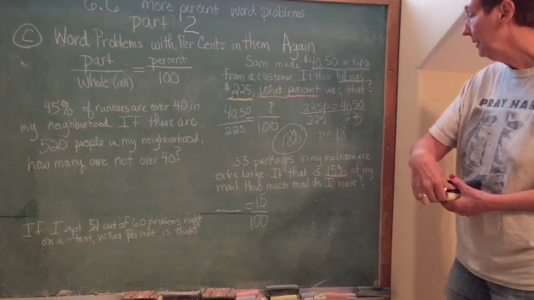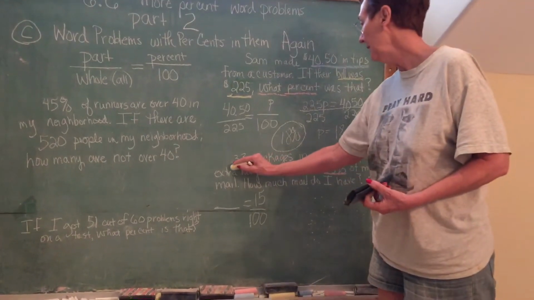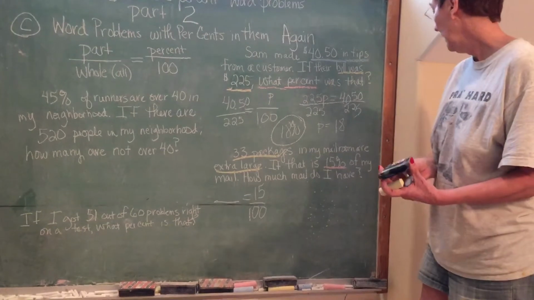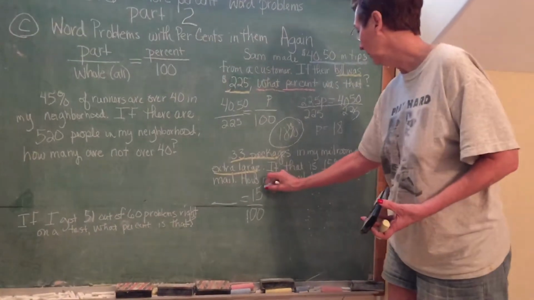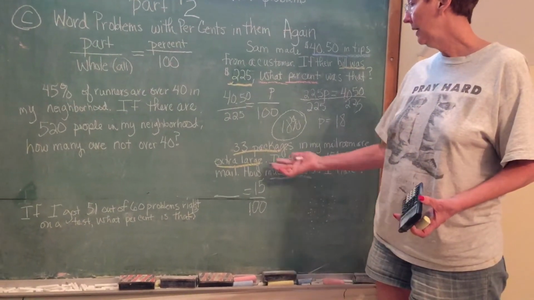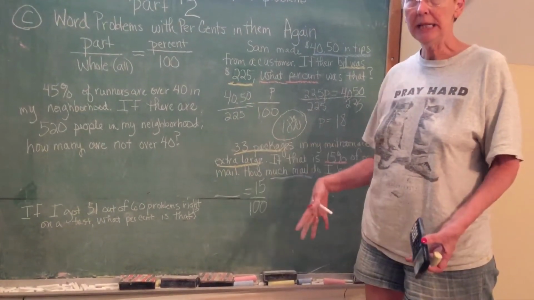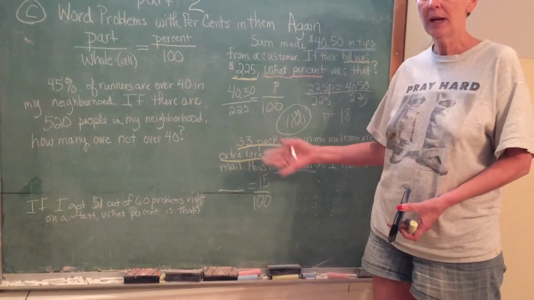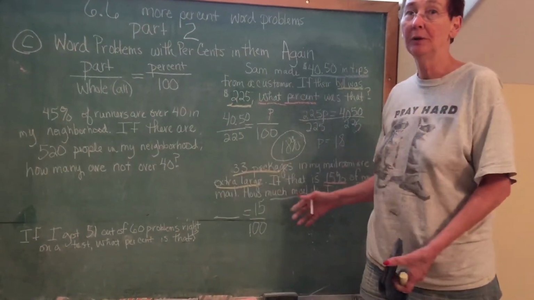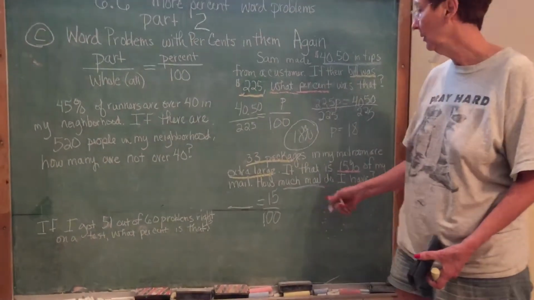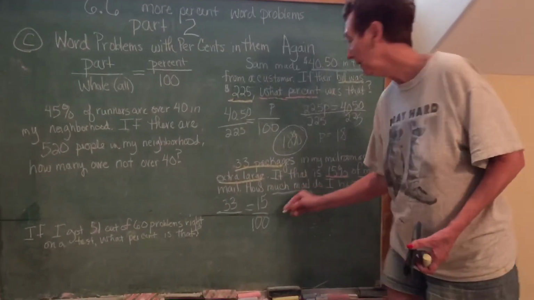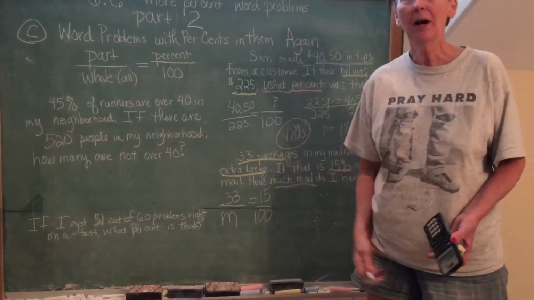For the other side, I've got 33 packages that are extra large, and then my total mail that I don't know. Are my extra large packages the piece, or the whole? Obviously, they're only a piece of all of my mail. So 33 is my part, and how much mail I have is my whole.